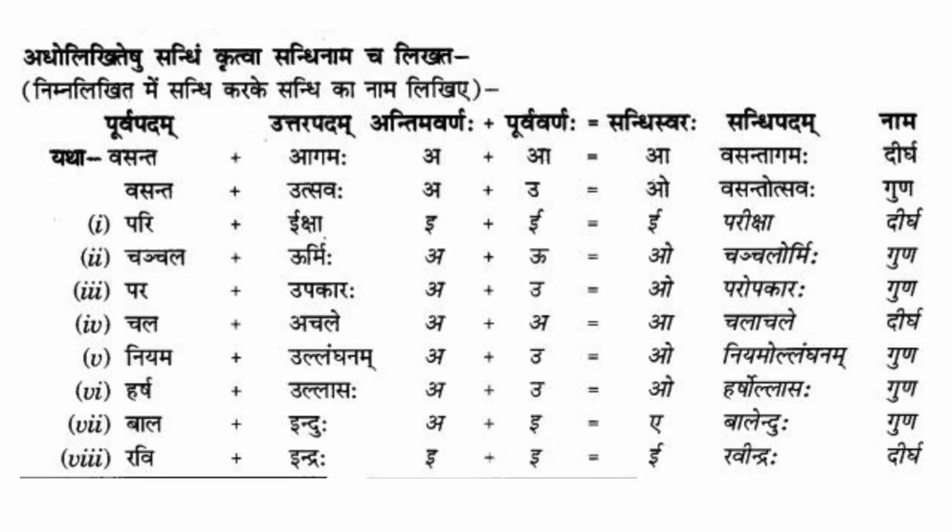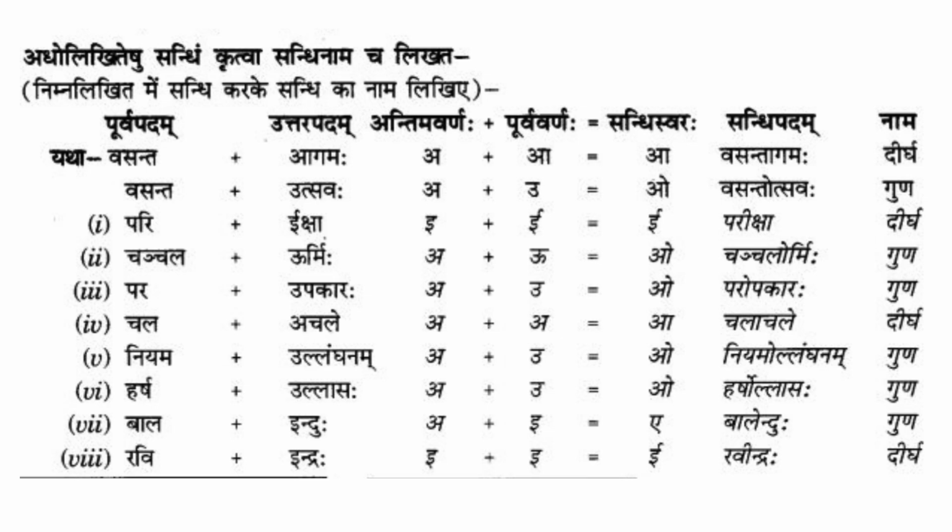Chala plus achale. The answer is a, dirgha sandhi. The answer is chalachale. Niyama plus ullanghanam. The answer is o matra, niyamolanghanam. Gunasandhi. Harsha plus ullasaha. When writing this word, be careful because ra comes above sha. That gets transferred to the o matra.